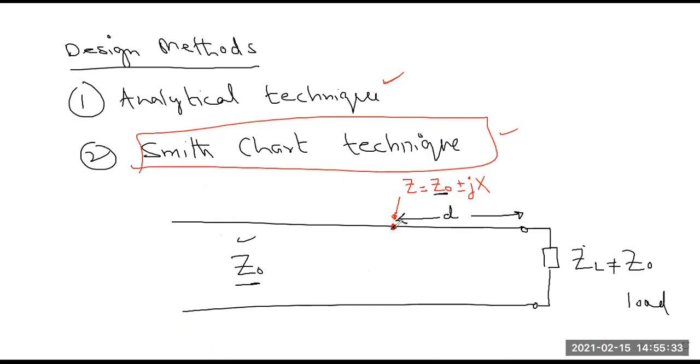How will you find out where to connect the stub? You need to find the point where you have this behavior. And what is that behavior? The real part at the point where you connect your stub must be equal to Z0. Once you do that, the next thing we need to do is to cancel out this imaginary part.